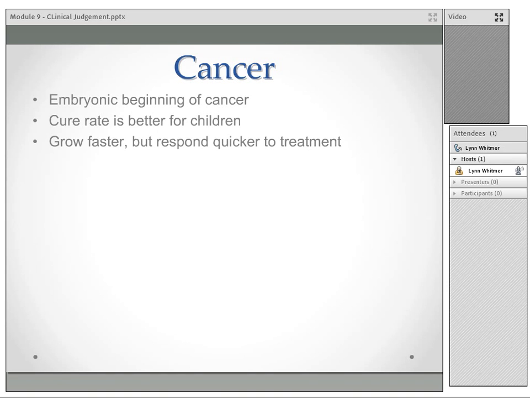Cancer for children is a little bit different because it can begin in the embryonic state. It isn't because of another condition acquired necessarily. This is something that they may have already had, and now it has become the problem as they have gotten older, where adult cancers are more because I didn't take care of myself, because I didn't eat well, because I'm smoking, because I'm not taking my medications.